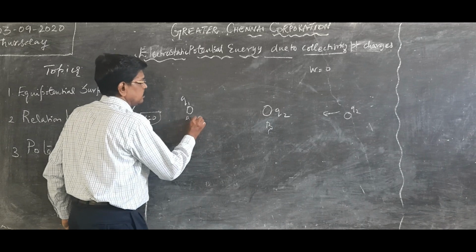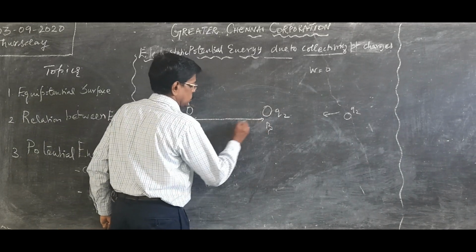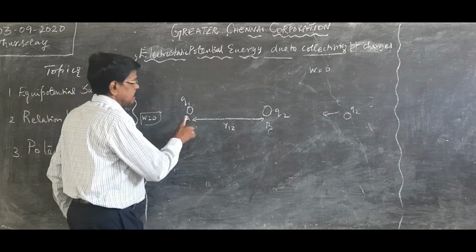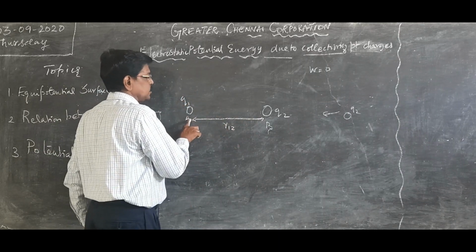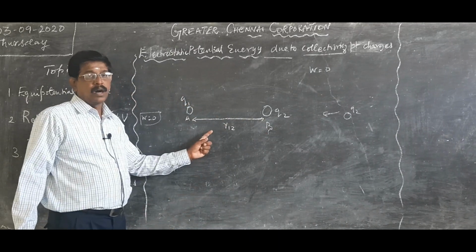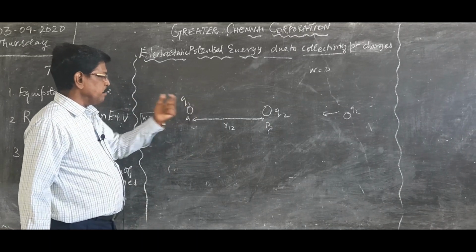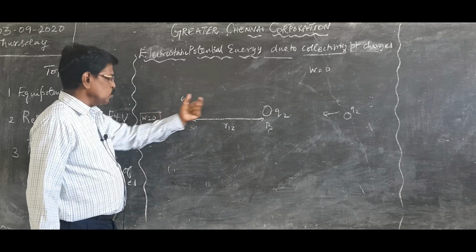Let us assume the distance between the two charges, the first and the second, is R12. So, what is the potential energy between the two charges?